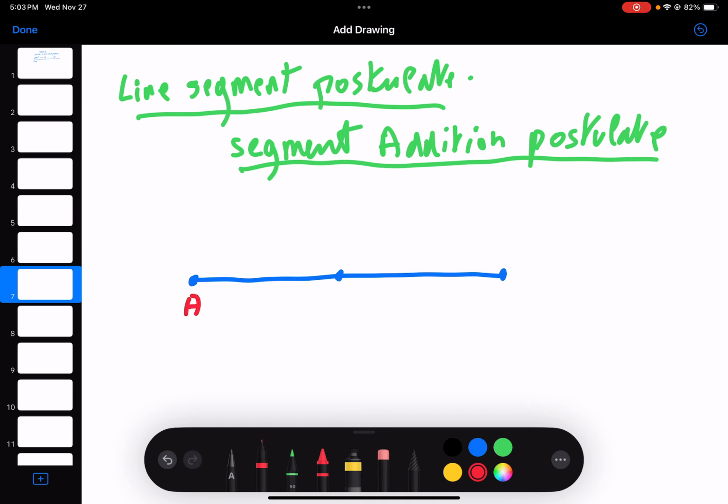Point A, B, C. So we can see here that AB, which represents the length, plus BC is equal to AC. Right?